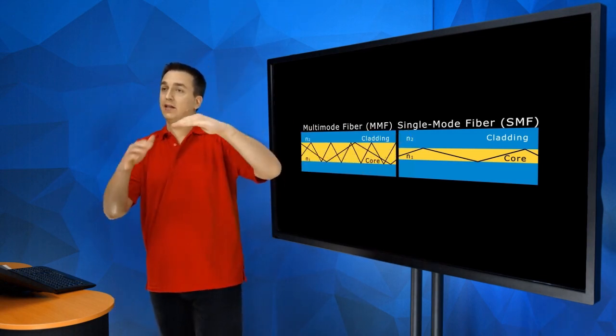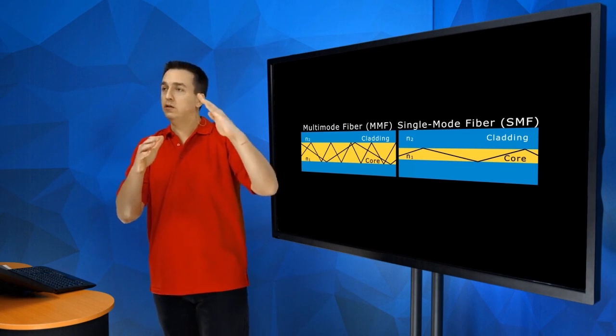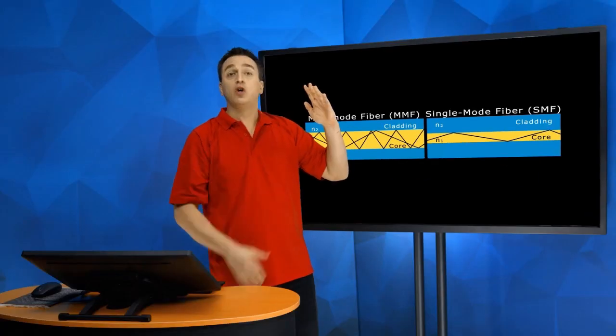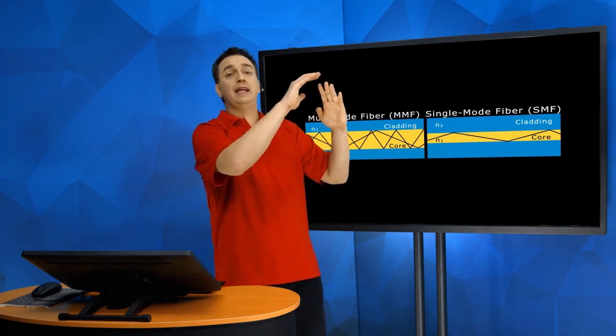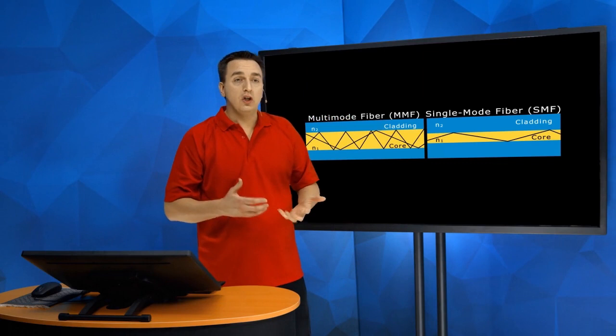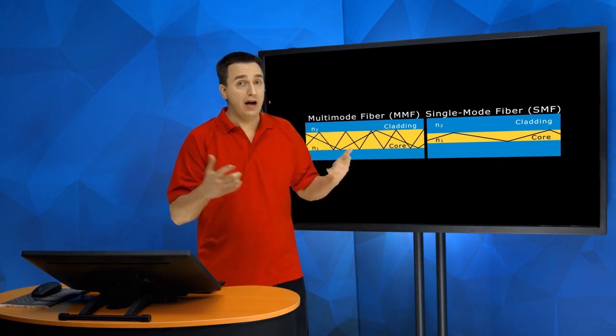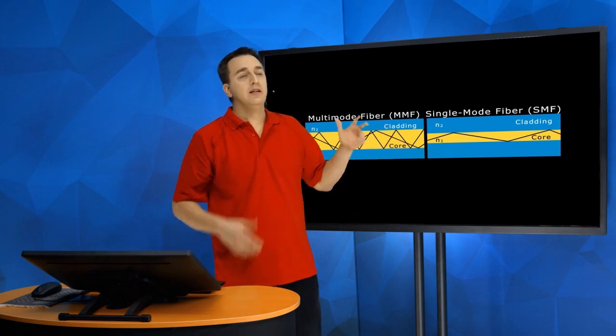So if the light hits the cladding at more than our critical angle, then that light is going to leak into the cladding, and when the light leaks into the cladding, it doesn't completely get reflected back into the core. So now we have light leaking out. That's going to affect our signal to the point where maybe our signal can't travel as far, or we have data loss because data is leaking into our cladding.